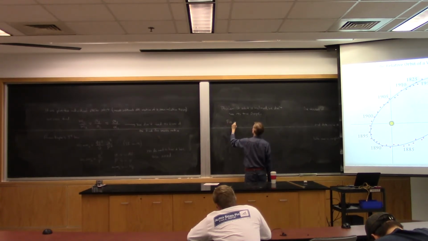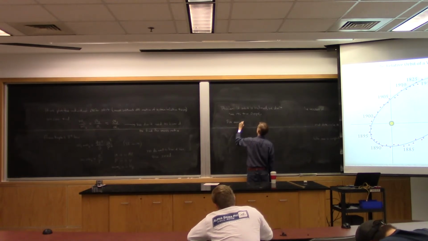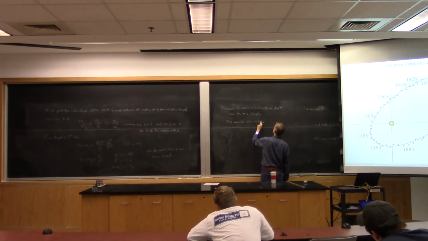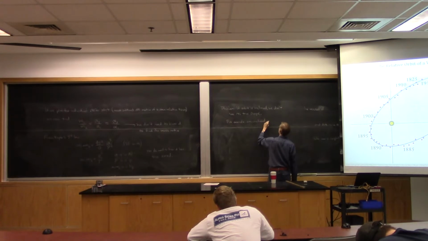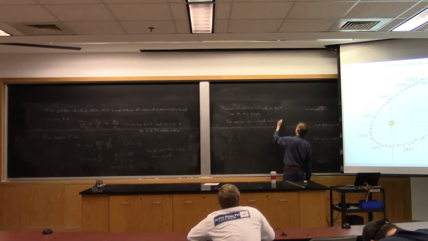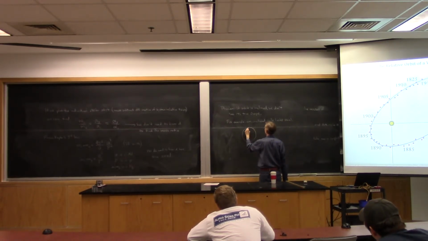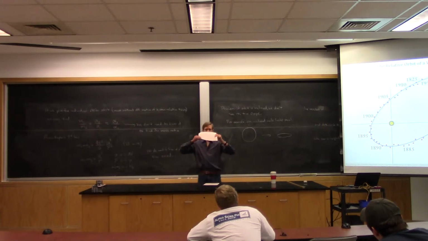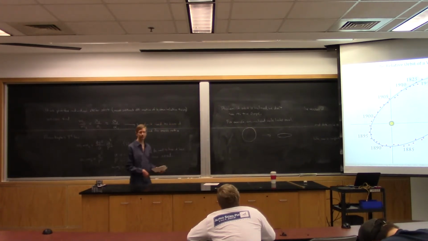For example, an inclined circle looks oval, right? So in other words, if I drew a circle on this piece of paper and then I tipped it relative to you, you would see it as an oval, as an ellipse basically, instead of as a circle.